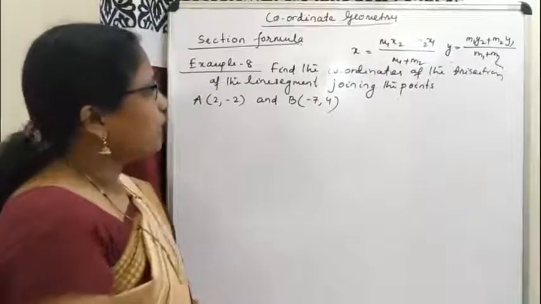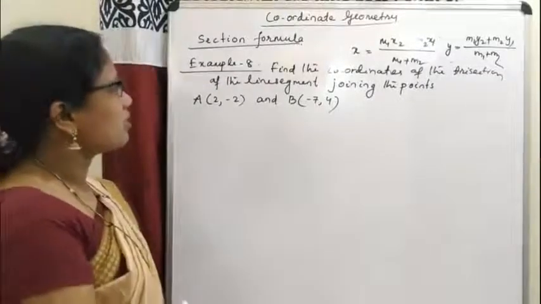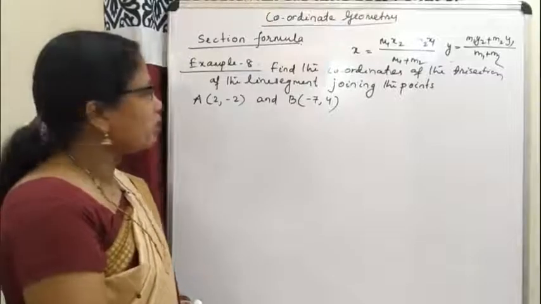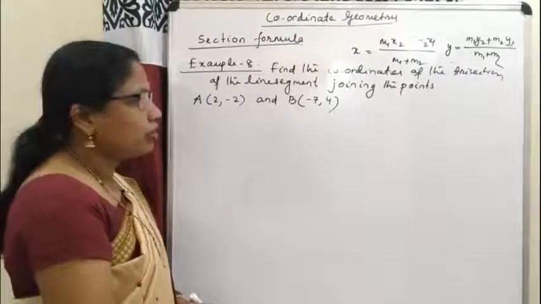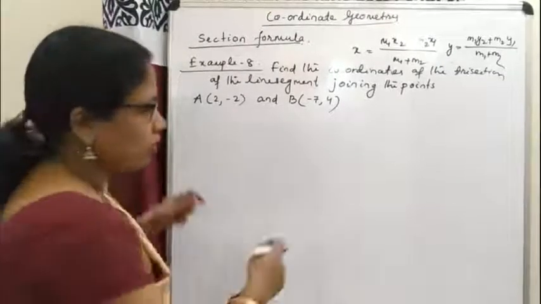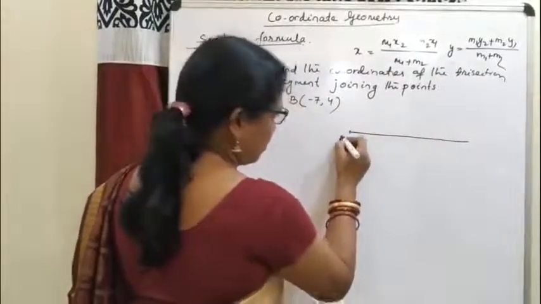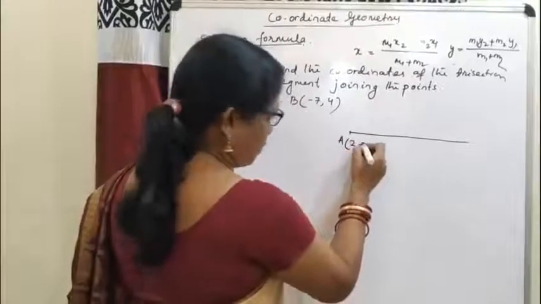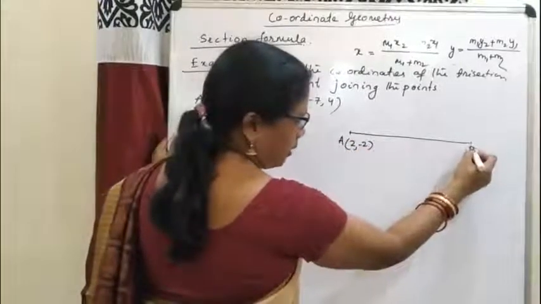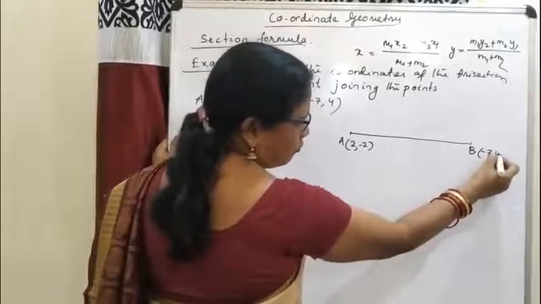Next example: find the coordinates of the points of trisection of the line segment joining the points A(2, -2) and B(-7, 4). So let this be the line joining AB, with A(2, -2) and B(-7, 4).